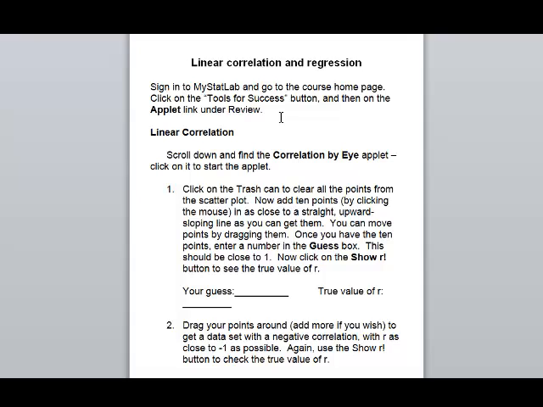So click on that applet link, and then you have to scroll down the page a ways and find the correlation by eye applet. That's the first one in this activity. The second one is called Regression by Eye, and it's immediately underneath the correlation by eye applet.